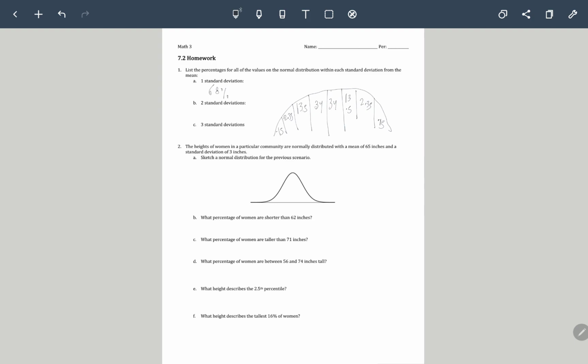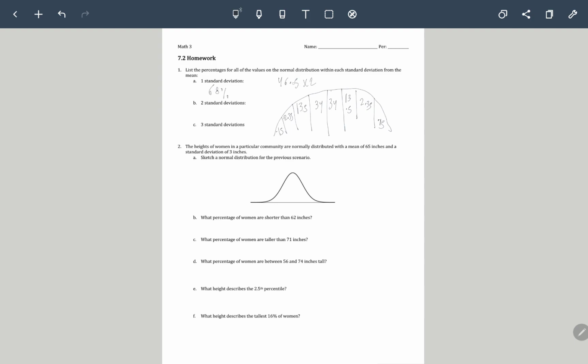Now, two standard deviations away, we have to add 34 plus 13.5, which is 47.5, and then we add it on the other side too. So 47.5 times 2.